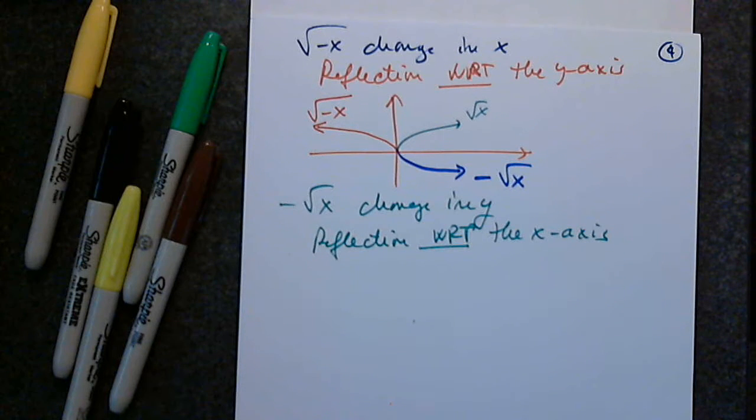Last one is number 5 or 6. Yes, please. My only confusion here is when you say the reflection will be with respect to x or y. Yes, if I change x, it's with respect to y. Yeah, but this is the horizontal, right? This is the x-axis.